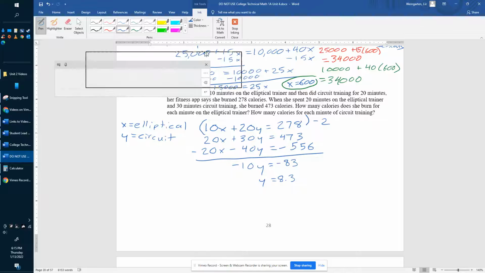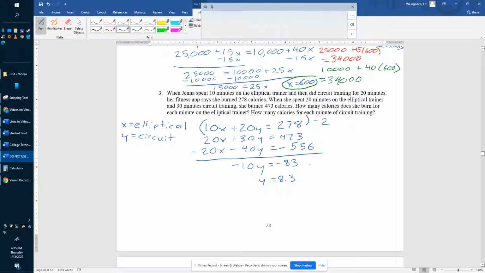Now we have to find the elliptical. We can plug that in for y. We can plug it into our first equation if you want to. So we have 10x plus 20 times 8.3 equals 278.